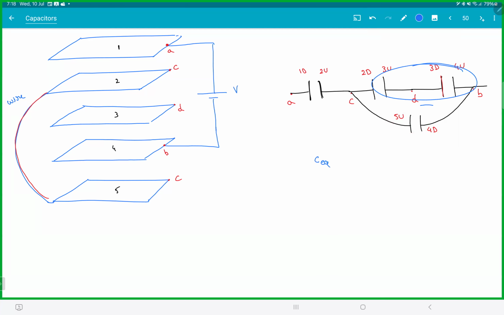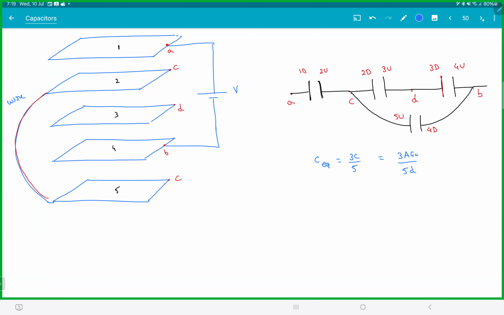This is C by 2, 3C by 2, 3C by 5. And C ka value is A epsilon by D. So 3A epsilon by 5D.